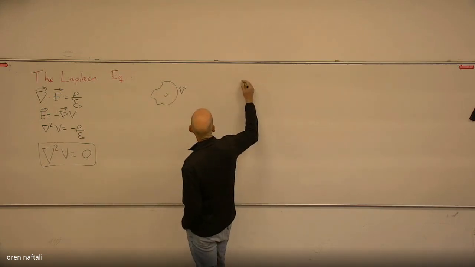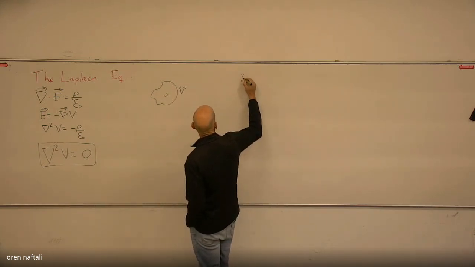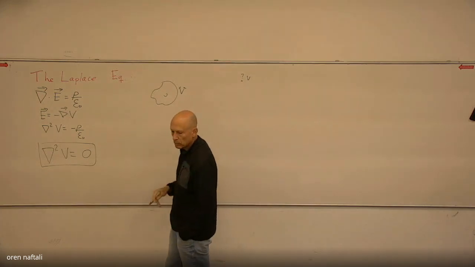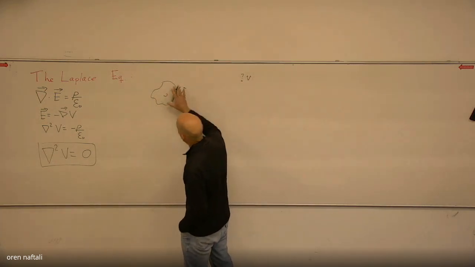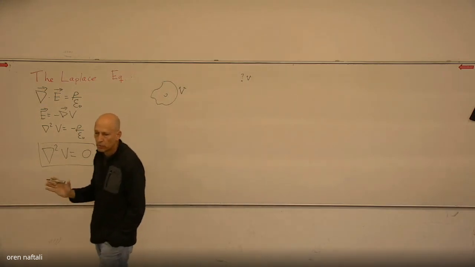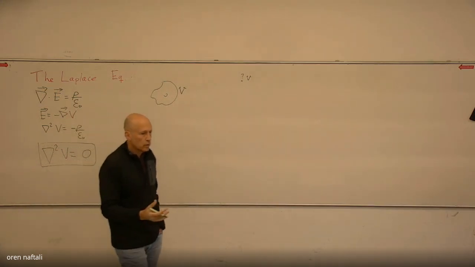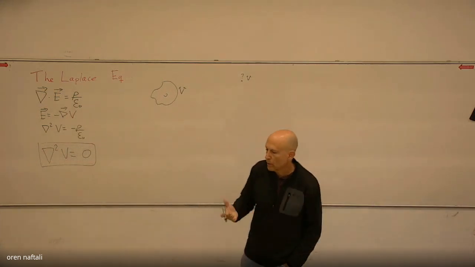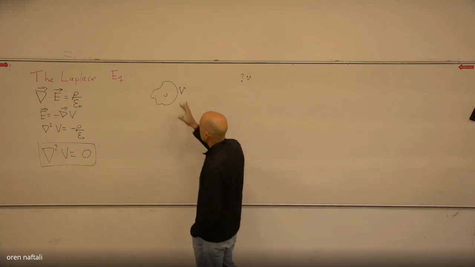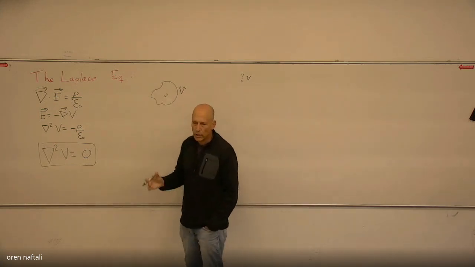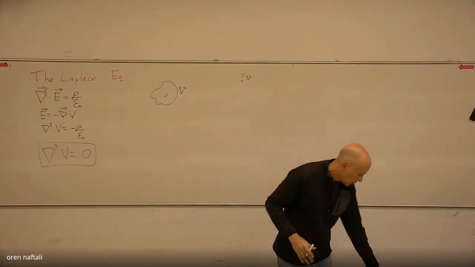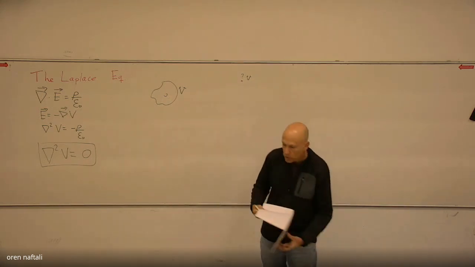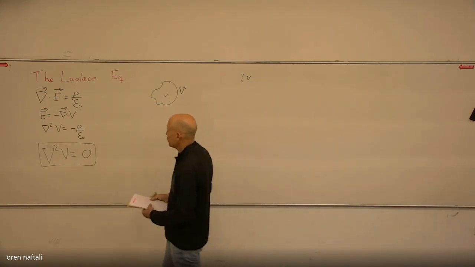And then we have some point here, and we ask what is the potential over here. This is the general problem, and the boundary can be very complicated. If the boundary is very complicated, we cannot solve it. We can use numerics or whatever. And if the boundary is simple, okay, there are all kinds of techniques to solve them, and this is the name of this game.